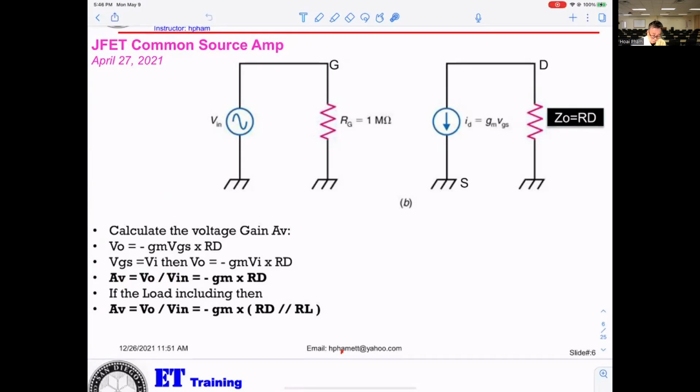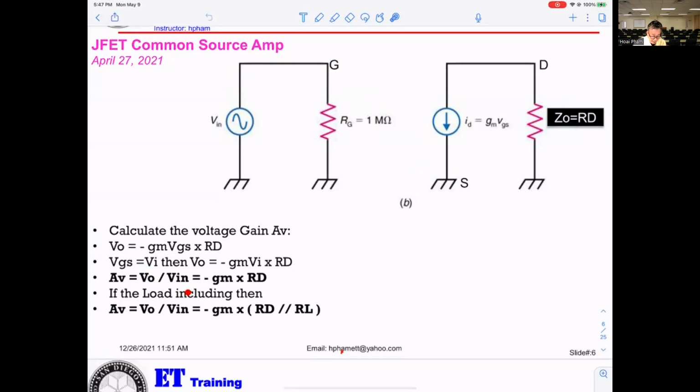Okay, so if you want to calculate the gain, the gain AV equals Vout divided by Vin. Vout equals minus this current here times the big resistance RD. The minus sign just tells you input and output will be out of phase. And the VGS, that means from G to S here, equals Vin. That means the Vin right here.